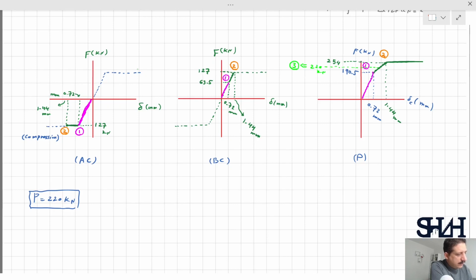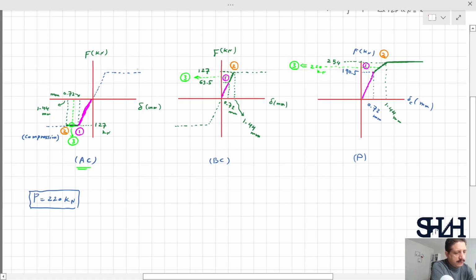So here in AC graph, we are somewhere here. Number 3. And in BC graph, we are somewhere here. We can see that in BC, still we are in the elastic phase. But in AC element, we are in the plastic phase.